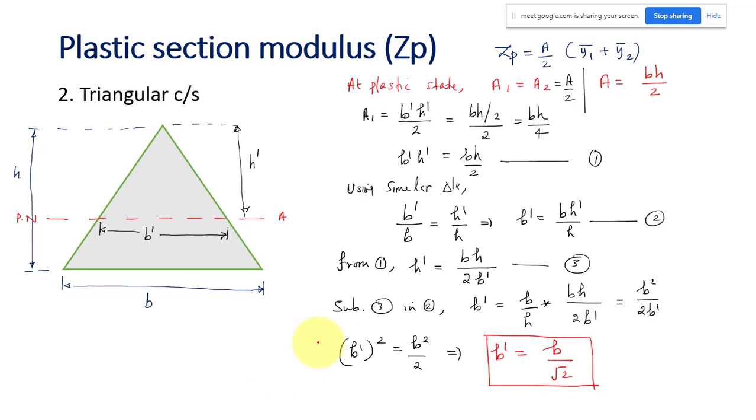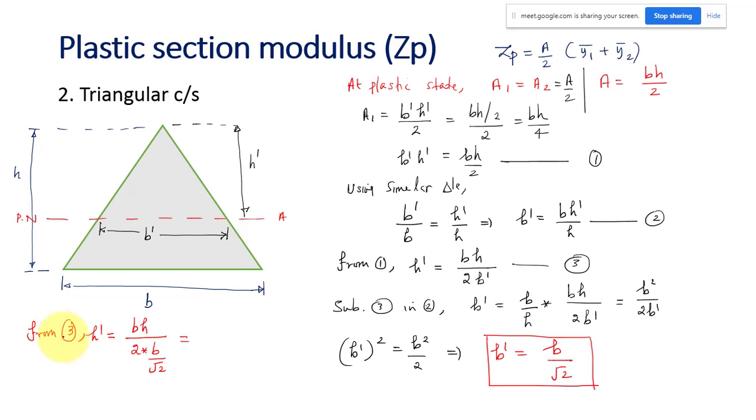Similarly, now we have the equation for h dash. From equation 3, h dash is equal to bh by 2 times b dash, where b dash equal to b by root 2.